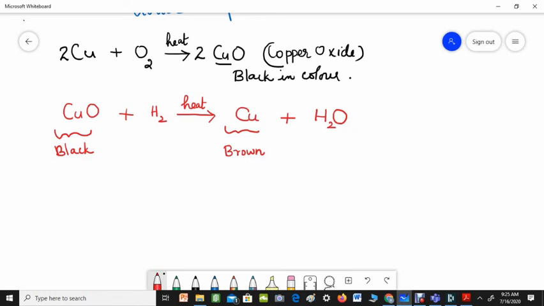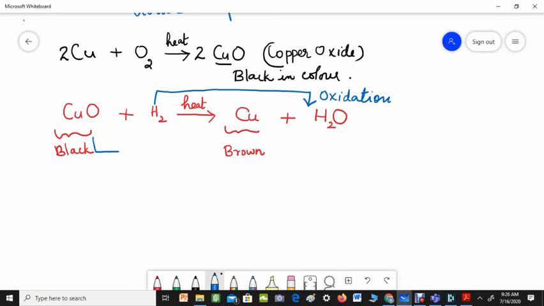What is the type of the reaction? In this case, you know, when a substance gains oxygen, you already know it's called an oxidation reaction. In this case, hydrogen is combined with oxygen. So it's called an oxidation reaction. So this reaction is oxidation. And what happens to copper oxide?